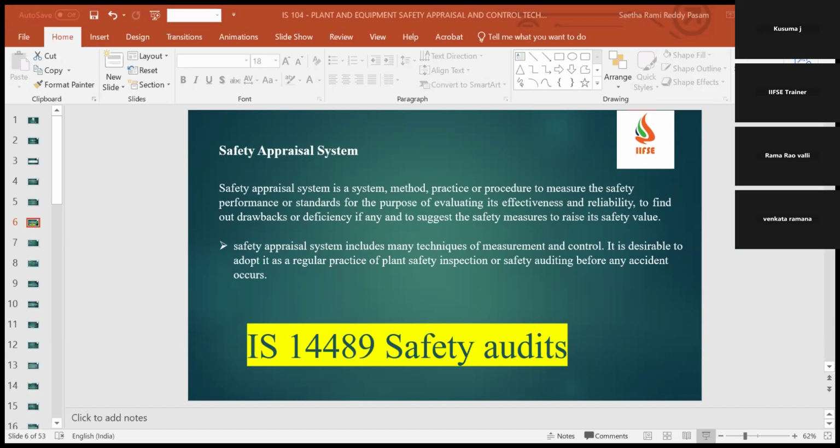These are the qualitative safety appraisal systems.